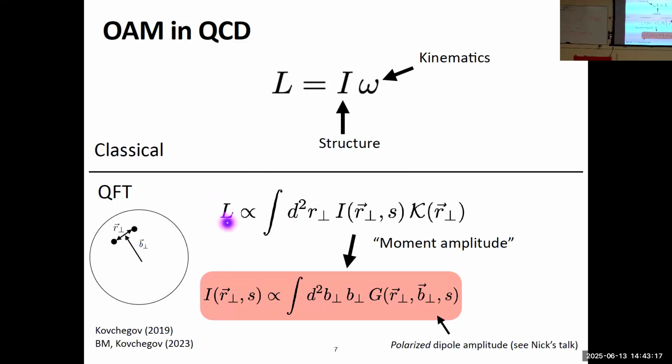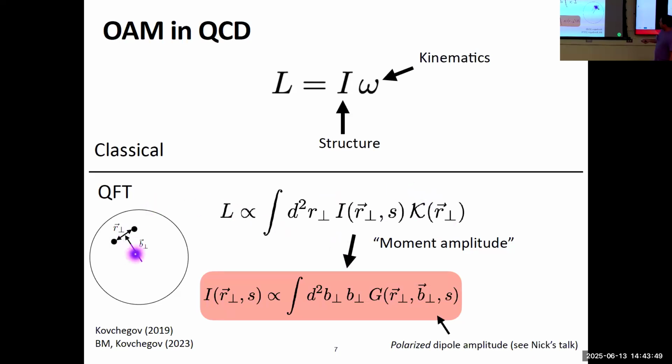So you can see the orbital angular momentum distribution is now this I function times a kinematic factor k. This I function is defined here: it's the first impact parameter moment of a polarized dipole amplitude. This polarized dipole amplitude depends on the proton spin, and it's the polarized analog of what Yuri was talking about, this dipole amplitude a couple days ago.